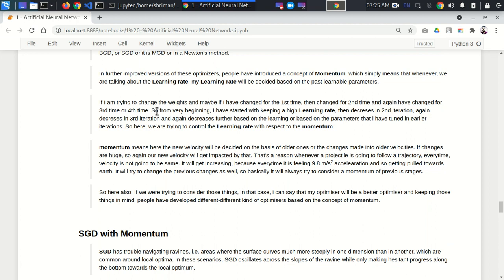If I am changing the weights, maybe I changed them for the first time, then for the second time, again for the third or fourth time, so from the very beginning I started with a high learning rate, right? Then it decreases in the second iteration, decreases again in the third iteration, and decreases further based on the parameters I have tuned in earlier iterations.